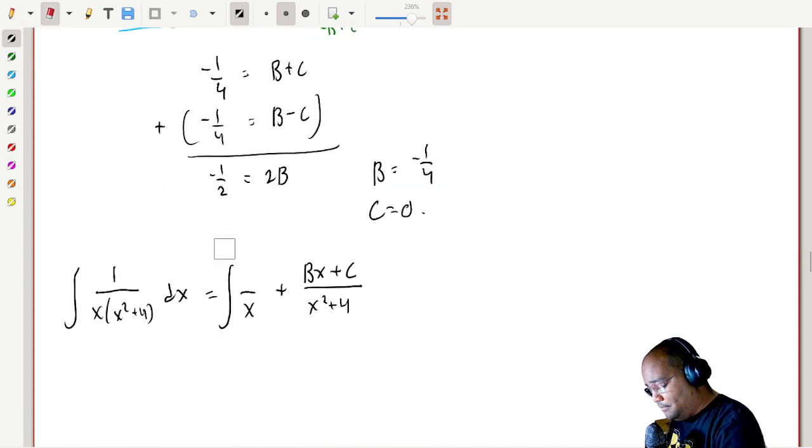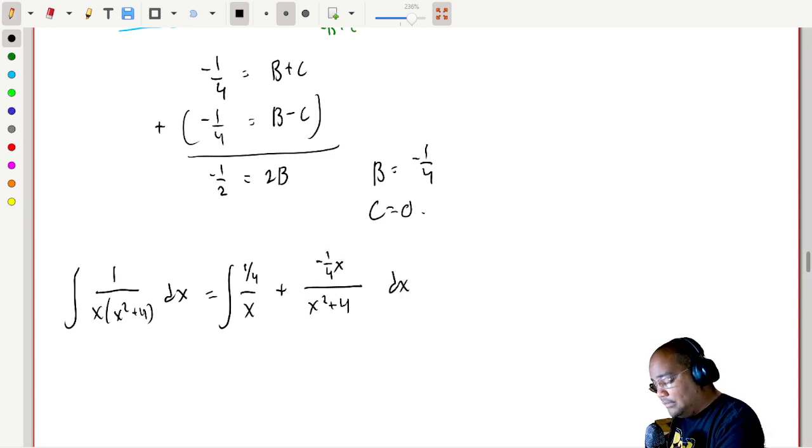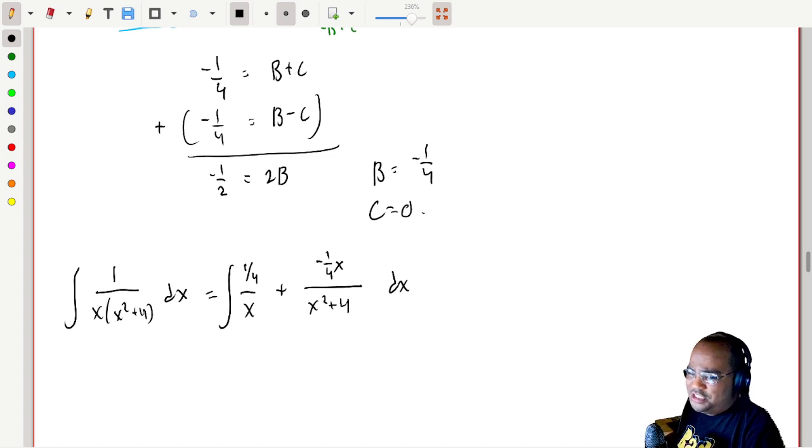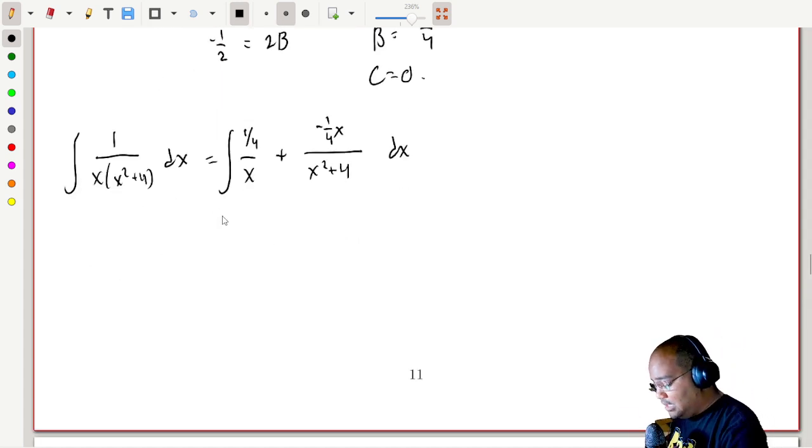A was 1/4. Plus, now bx plus c. Well, c is 0, so that term can go. And b was minus 1/4. And now this integral is so much easier. The first term, that's our base integral again, 1/4 times natural log of absolute x.